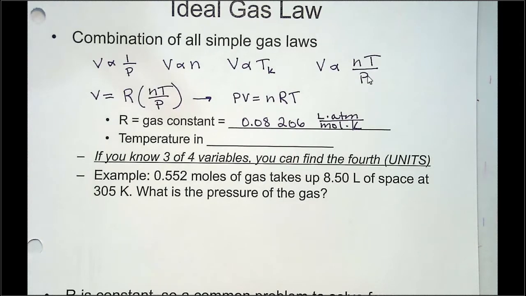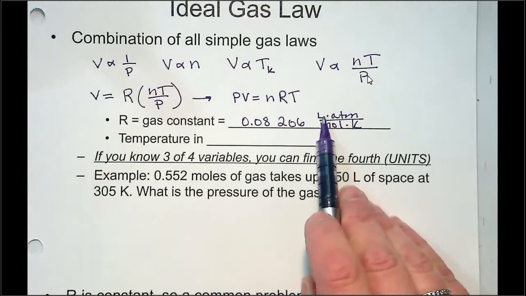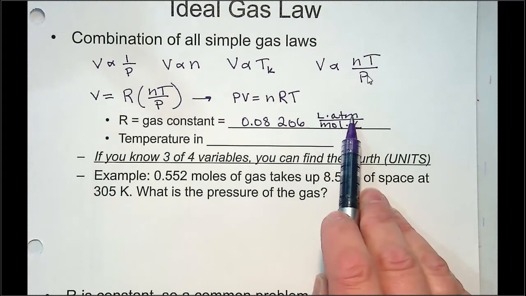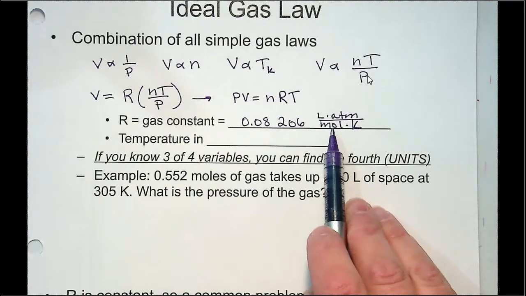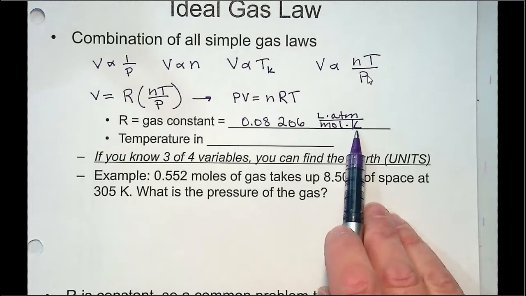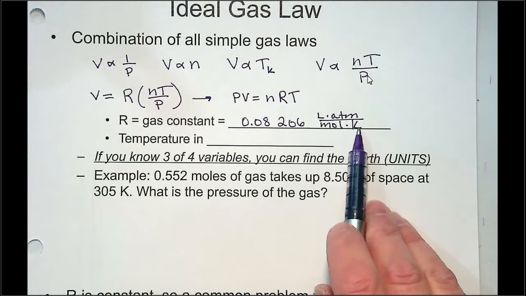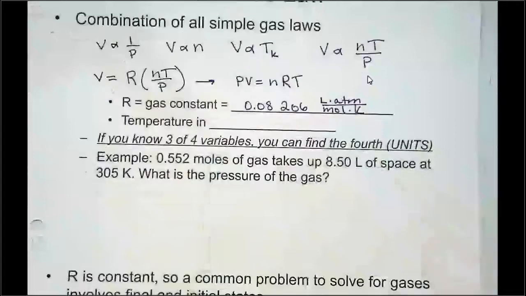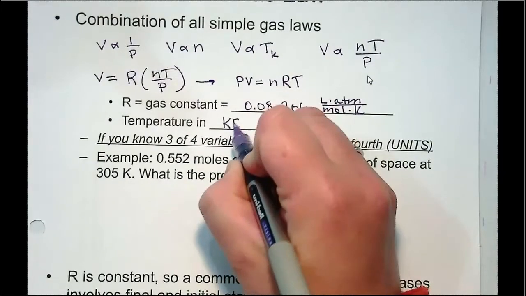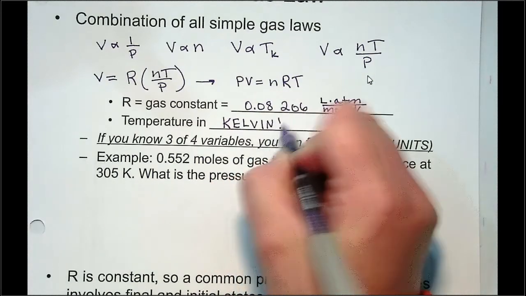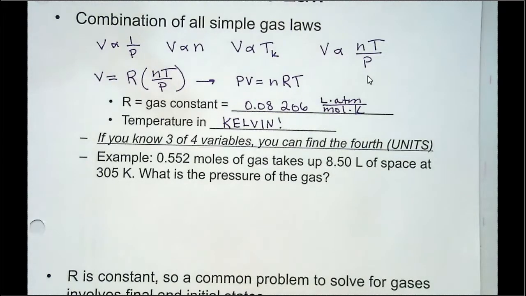It's like a magic factor. It tells you all of the units you need to know. You need volume in liters. You need pressure in atmospheres. You need moles in moles. That's self-explanatory. And you need temperature in Kelvin. I'm going to highlight that, the temperature in Kelvin, because everybody always forgets. And then it's like, why didn't I get the right answer? It's such an easy equation. Yes, it is, if you put all your units in correctly.